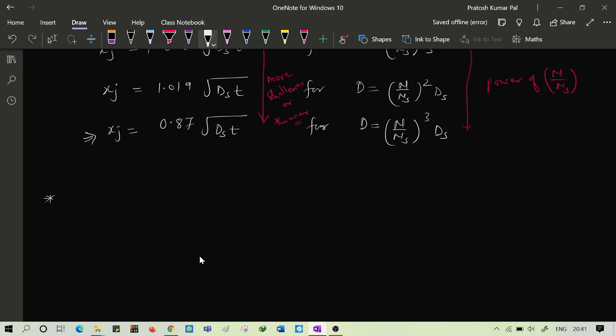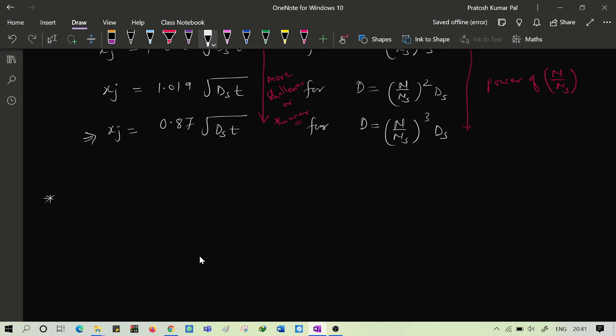The next point we can see, in general cases this diffusion is basically carried out at higher temperature.